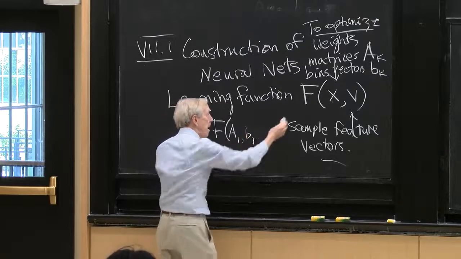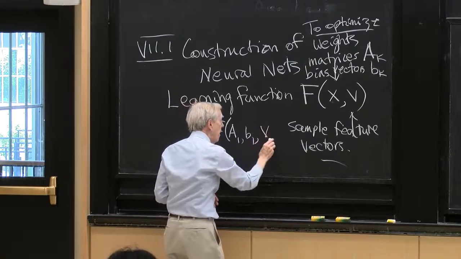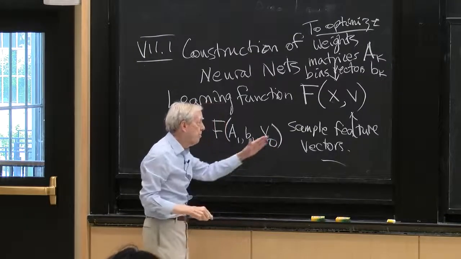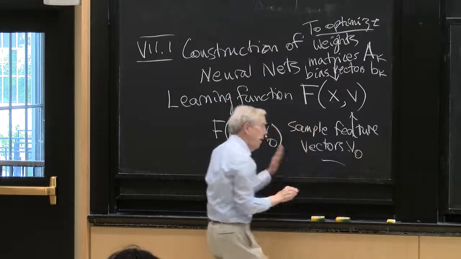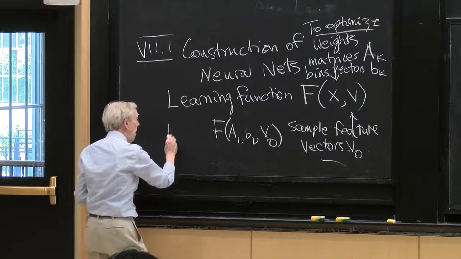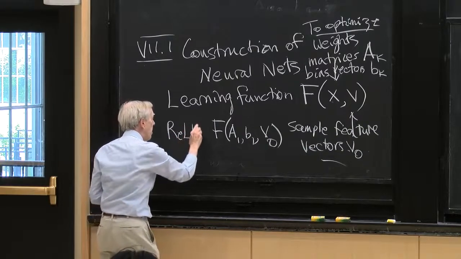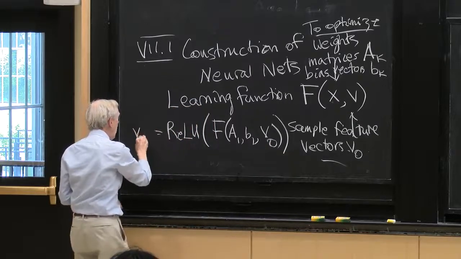That's the x part, and the actual sample vector. The sample vectors are V0 in the iteration, and this produces, and then you do the nonlinear step to each component, and that produces V1.